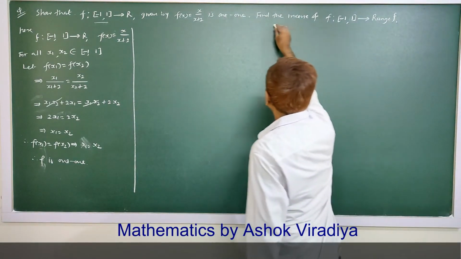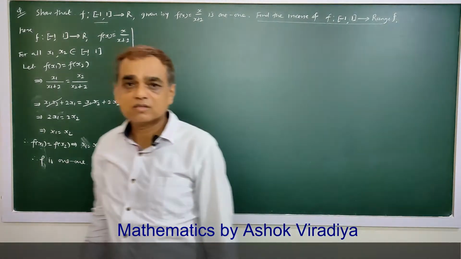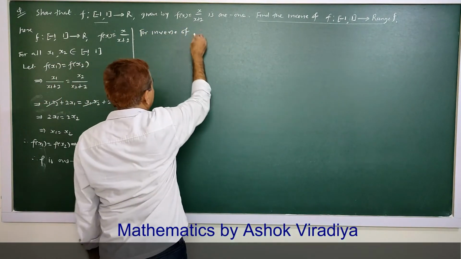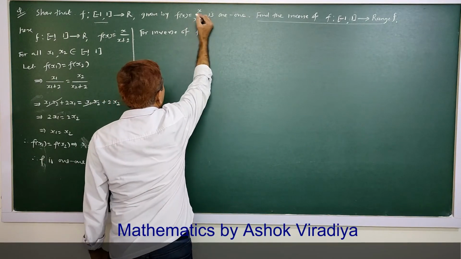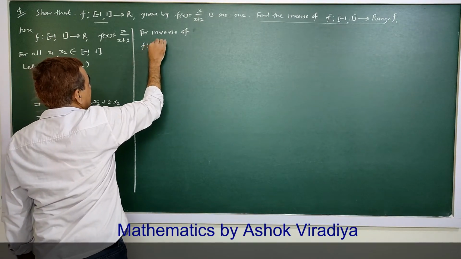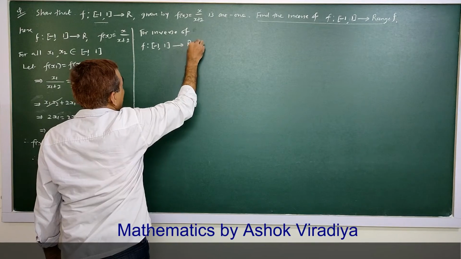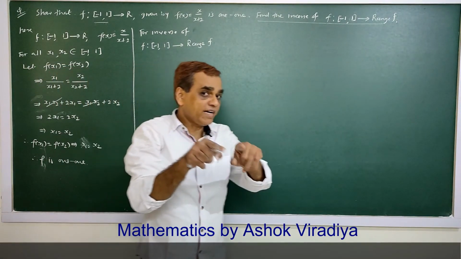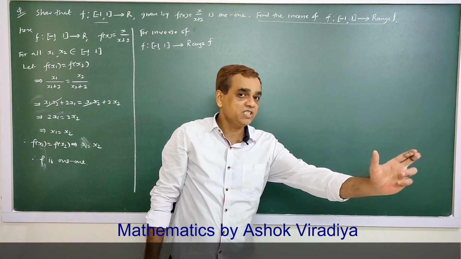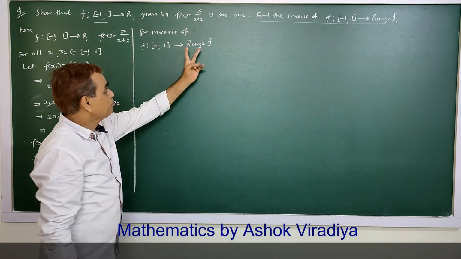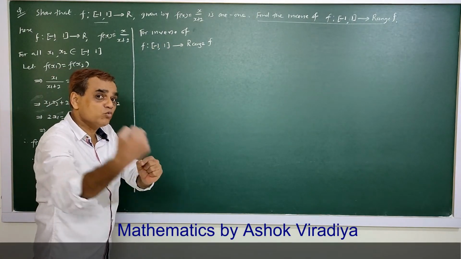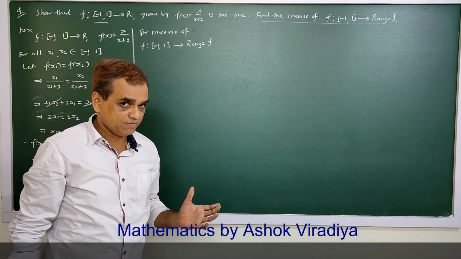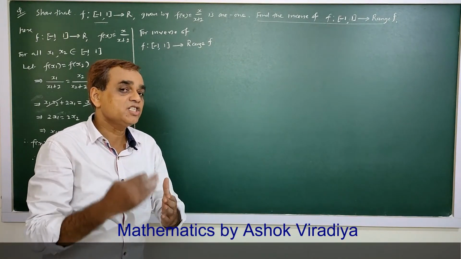Now we want the inverse of this function, for f from [-1, 1] to its range in R. To find the inverse, we have to find a new function g from B to A, if this is A to B, such that gof is the identity function on A and fog is the identity function on B. If g satisfies both conditions, then g is the inverse of f.